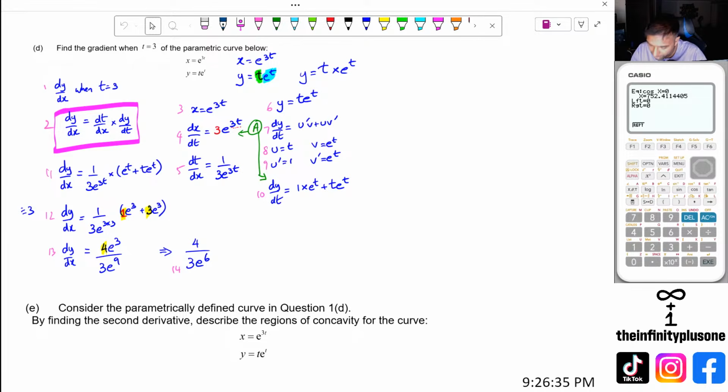So you're looking for when is it going to be concave up and when is it going to be concave down? And also, one thing that's going to be useful for you is this particular information, which I'll paste for you, because for parametric equations, remember that the formula is slightly different when you're doing the second derivative.